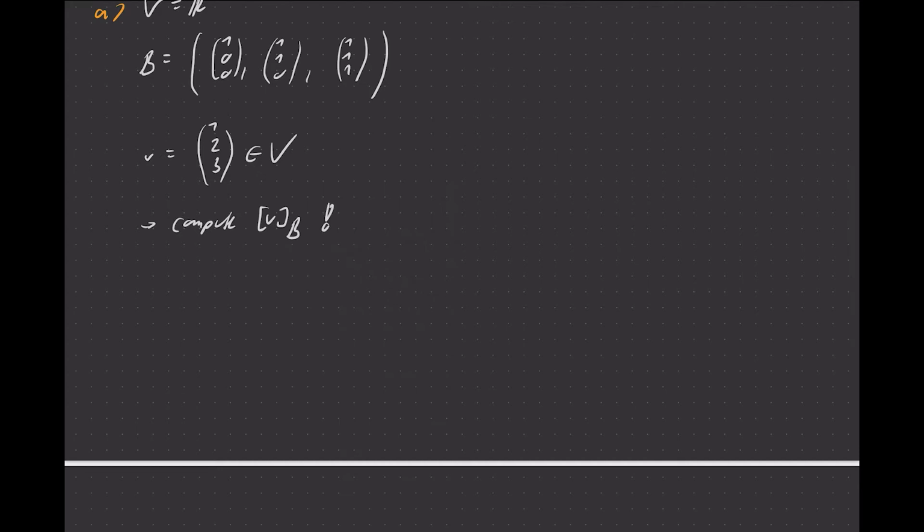Now what we have to do is represent V in terms of the basis. So we have the basis vectors (1,0,0), (1,1,0), and also (1,1,1).